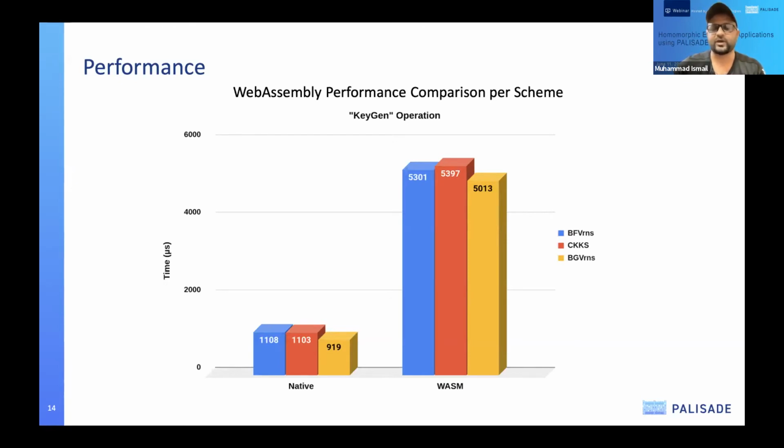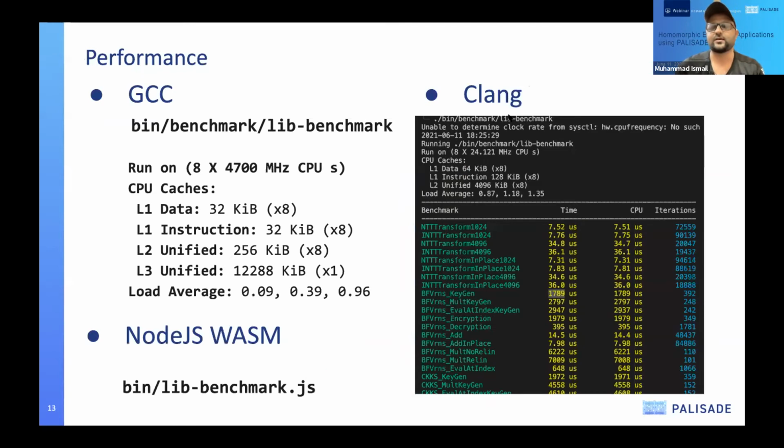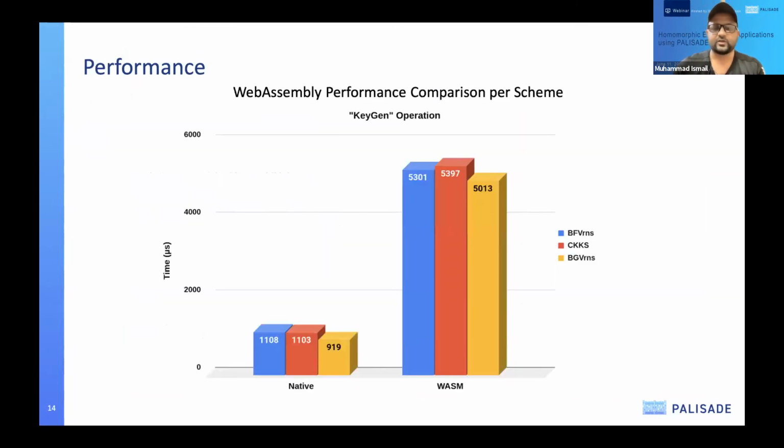But if we compare it to Clang, as WebAssembly is Clang based, the performance is almost comparable. So we can say it is equivalent or a 1.5x slowdown in the case of WebAssembly when we compare it with Clang. So these performance comparisons are with GCC.